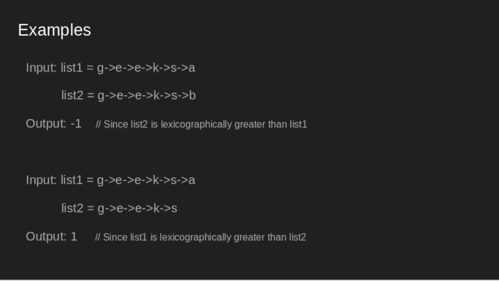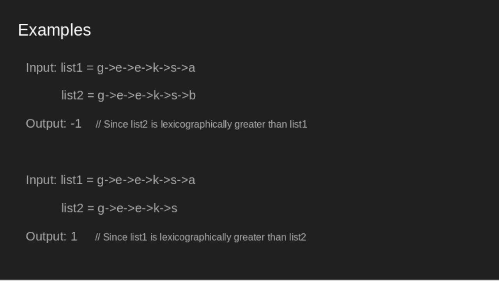Let's see some examples first to demonstrate the problem. In the first example, we are given two inputs in the form of linked lists which represent strings in this problem. List 1 is G, E, E, K, S, A and list 2 is G, E, E, K, S, P. It will return -1 because list 2 is lexicographically greater than list 1.